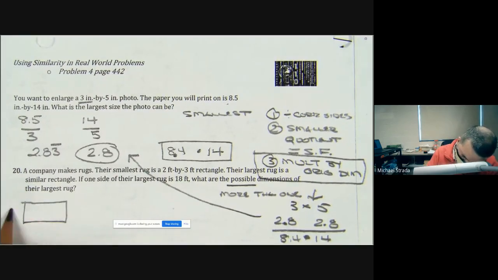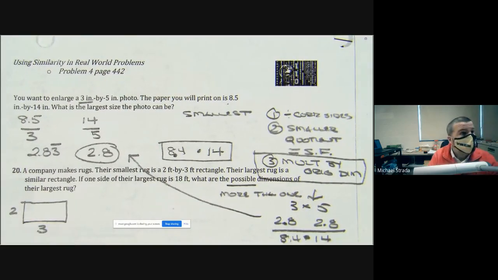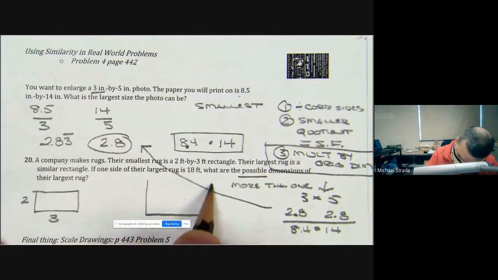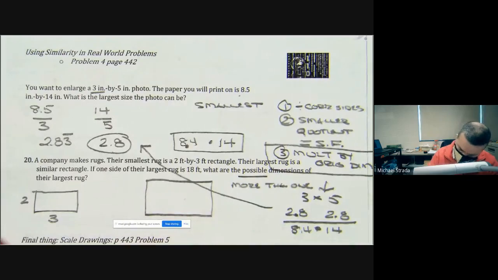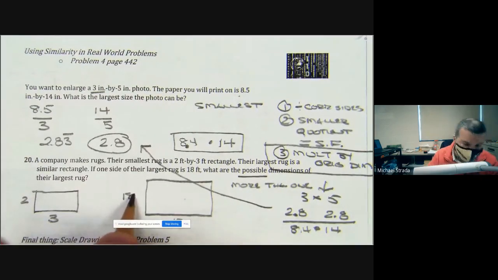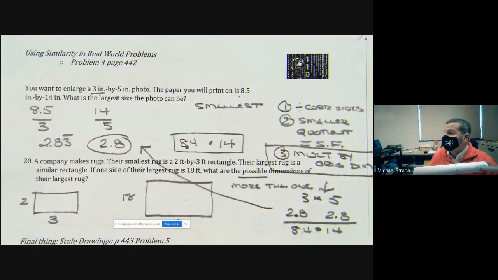So that's the original rug. Now, here's the thing. Do they tell us that the 18 is the long side, or do they tell us the 18 is the short side? They don't tell us either, right? So you got to consider both.